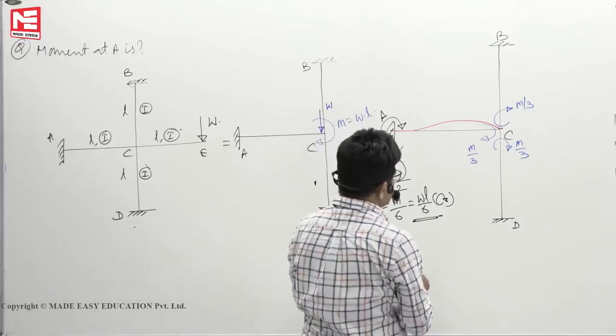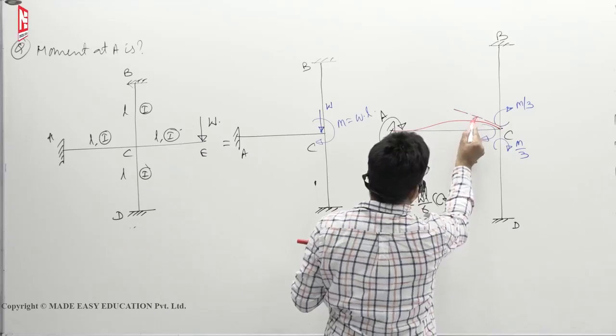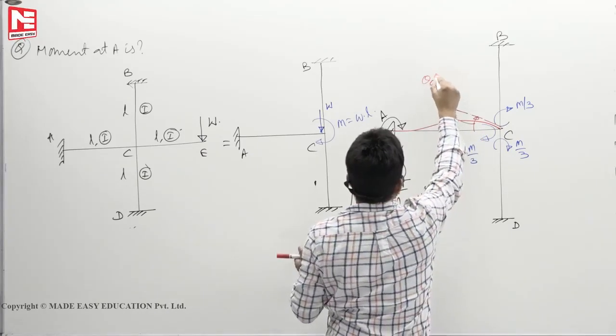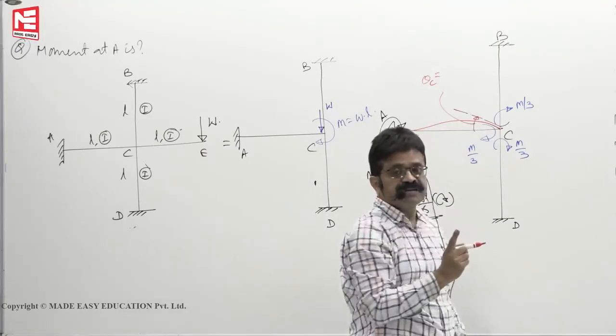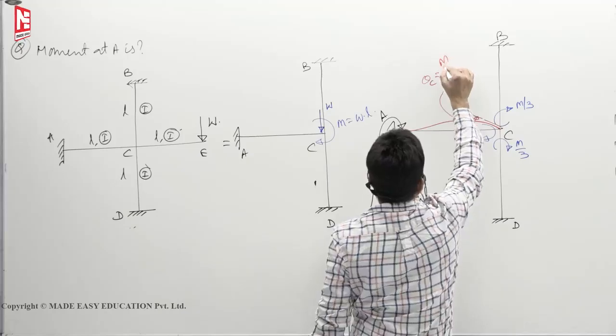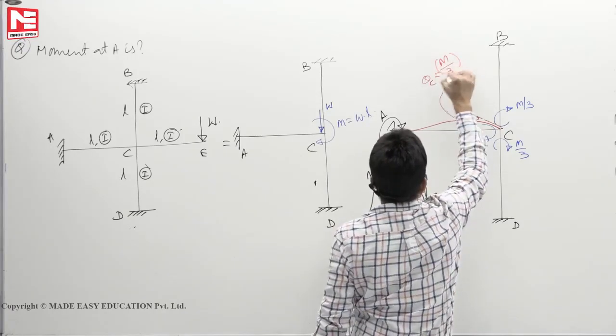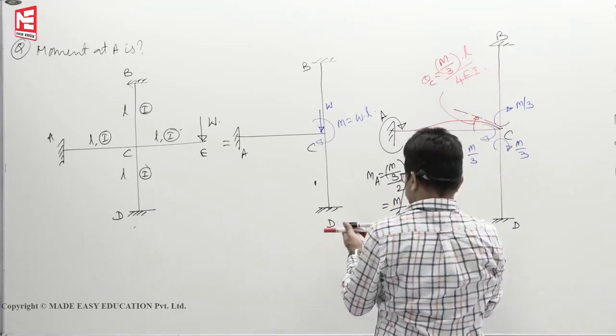If they want to ask you a slightly tougher question, they can ask you like this: what is the slope at C? For this profile, I told you to remember the ML by 4EI formula, where M is M by 3 and length is L, so ML by 4EI.